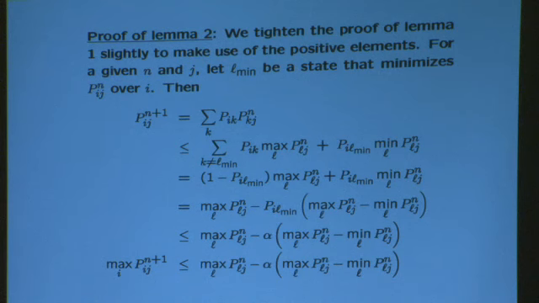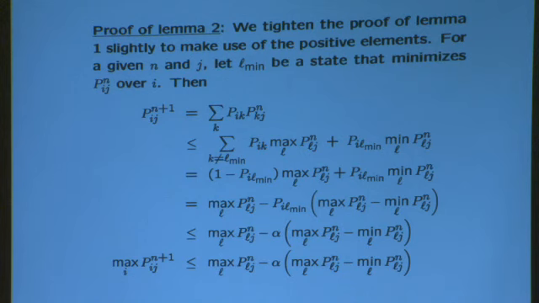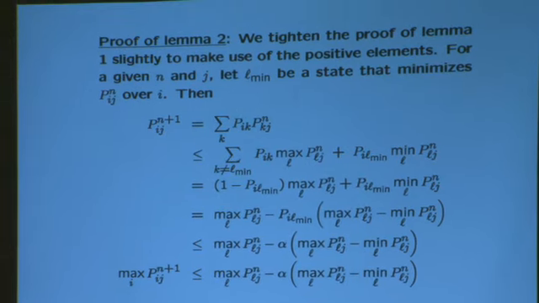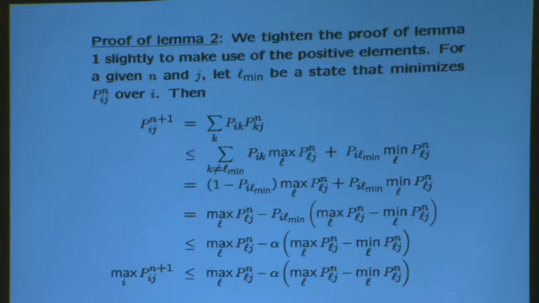So nothing happens here; it's just rearranging. Now we have this term here, P from I going to L-min. Remember, we chose alpha to be the minimum single transition probability in the probability transition matrix.